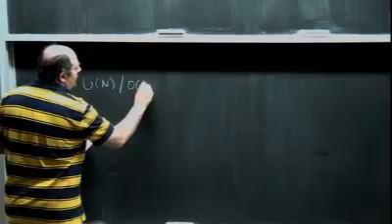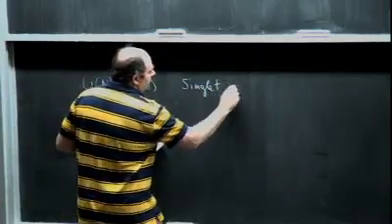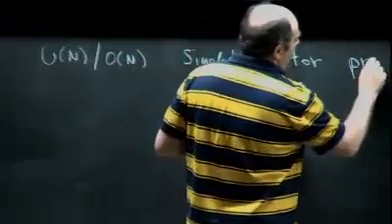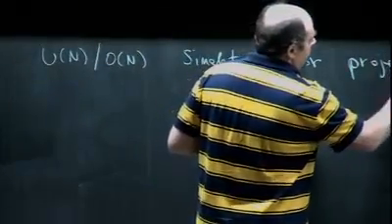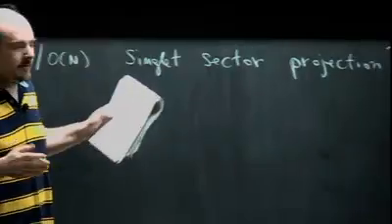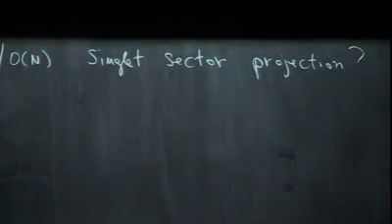So there was this U(N) or O(N) singlet sector projection, which meant that we only wanted to look at operators which were U(N) or O(N) invariant. And we imposed that by hand, but there is actually a natural way to do this.